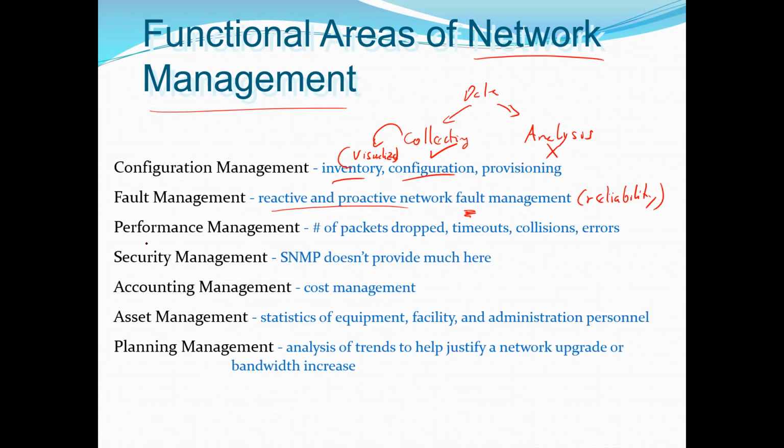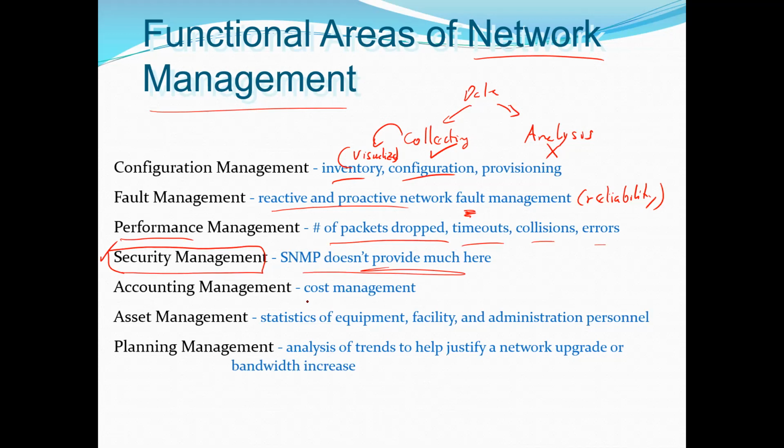Performance management has to do with the number of packets dropped, timeouts, collisions, and errors. All this data can be gathered and visualized. Now, SNMP is not for security at all, so it does not provide much there. It's not a cybersecurity tool. However, the protocol itself can be a little insecure, so you need to be very careful when SNMP is running in your network.